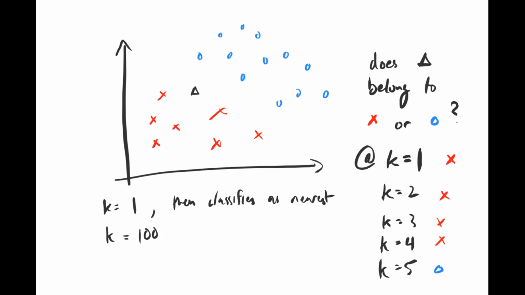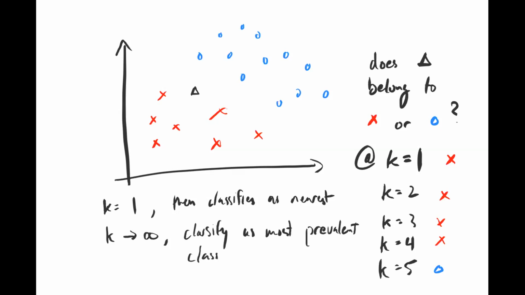And so as k approaches infinity, it classifies as the most prevalent class, right?